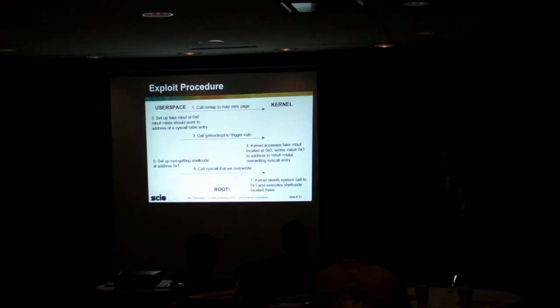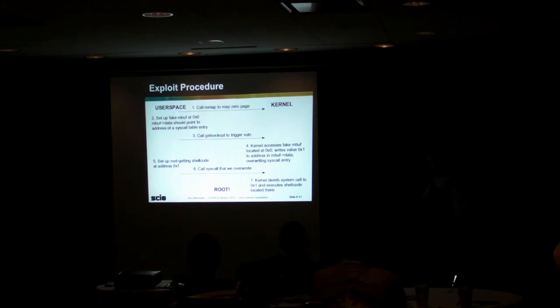Now, what's special about 1? How can we leverage that into actual privilege escalation? Of course, 1 is no different than any other address. We already have the 1 address mmapped from our original mmapping of the 0 page. So all we need to do now is copy our shellcode to the address 1, and then call the system call that we overwrote in the system call table, which is now pointing at the address 1.